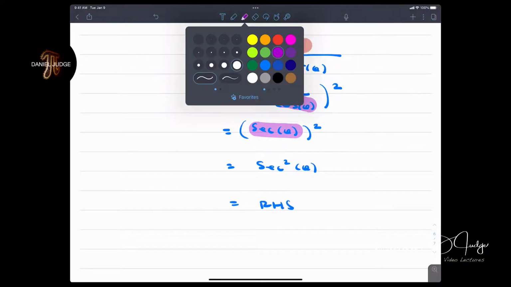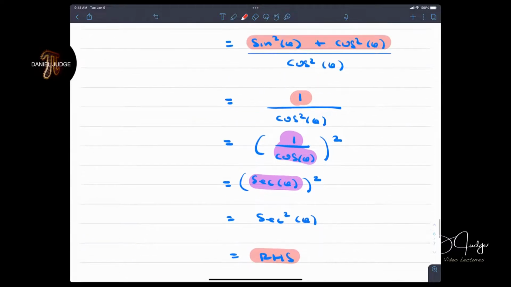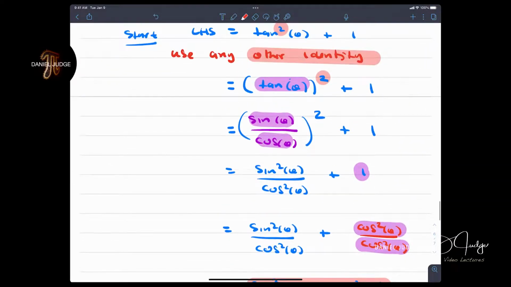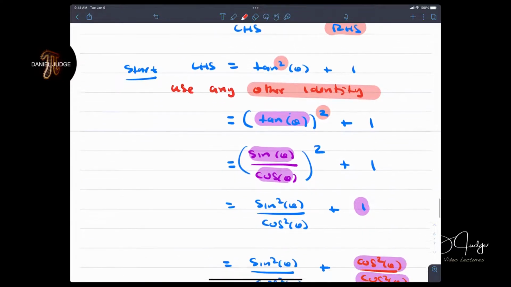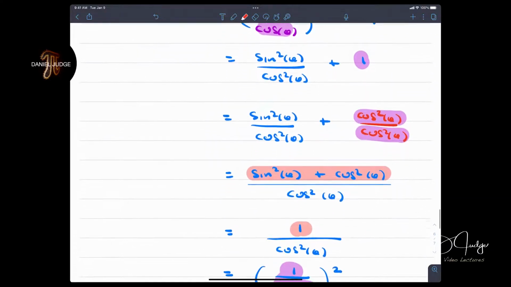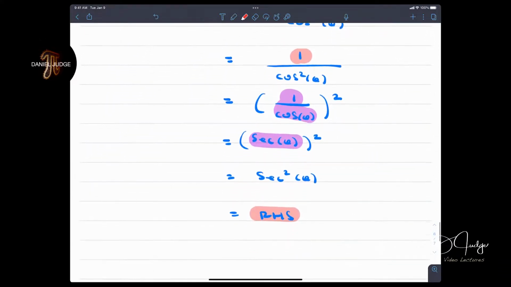So, ladies and gentlemen, just showing you here, working with identities. This is the version that you want to start to get used to working with using other identities, okay? So I showed you 2 ways to do it.